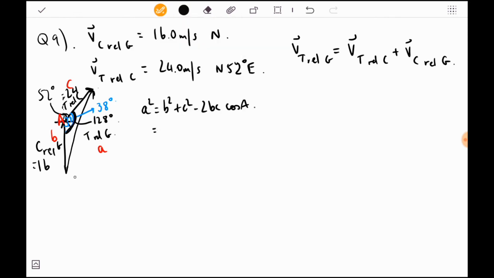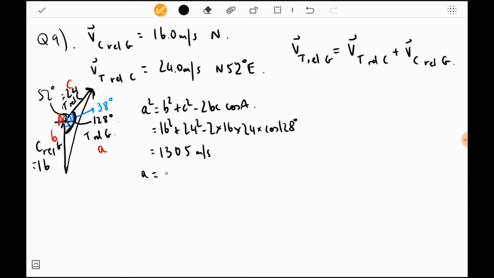So plugging in these values, we get 16 squared plus 24 squared minus 2 times 16 times 24 times the cosine of 128 degrees. Once again, make sure your calculator is in degrees and not radians. You see that that ends up as approximately 1,305 meters squared per second squared, but we want to find the square root of that.